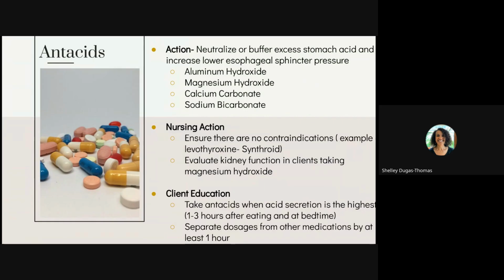Nursing actions will include checking for contraindications. So there's an interaction with Synthroid, and assessing kidney function, especially for those taking magnesium hydroxide. Client education should include taking antacids 1 to 3 hours after meals and at bedtime when acid secretion is highest, separate from other medications by at least 1 hour to avoid absorption issues.